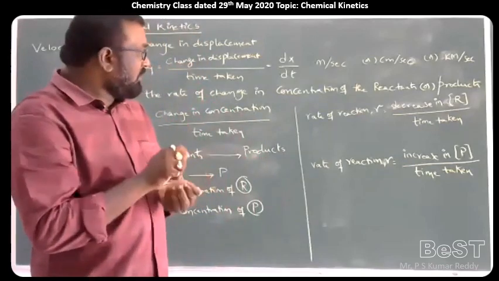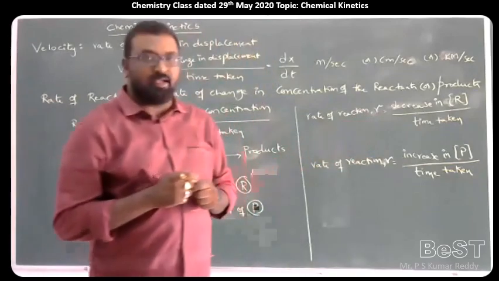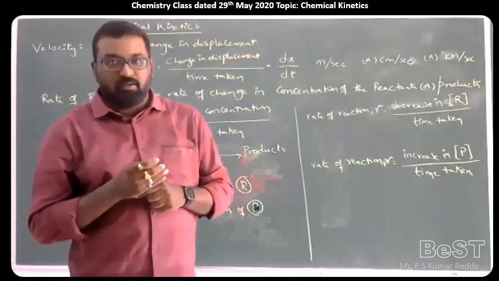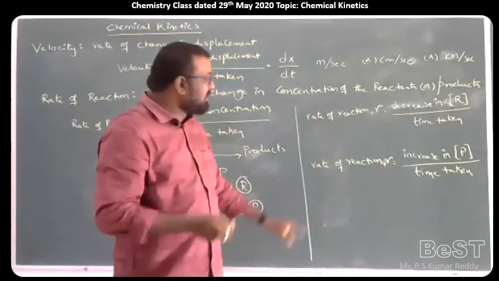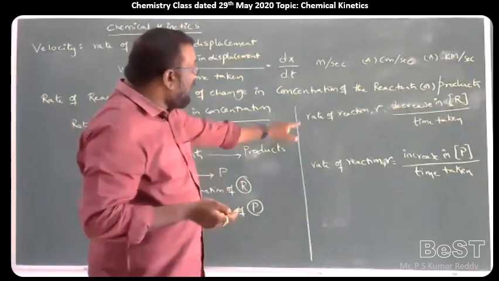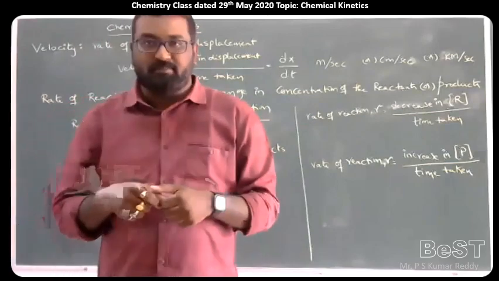We use the word decrease or increase based on the process going on. With respect to reactants, concentration is decreasing; with respect to products, concentration is increasing. But how to differentiate whether we are speaking about reactants or products?